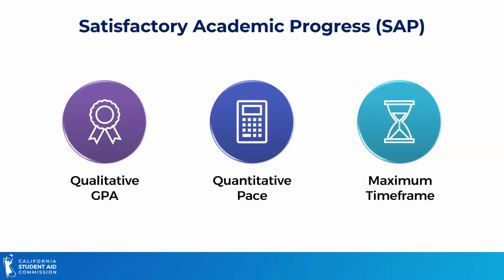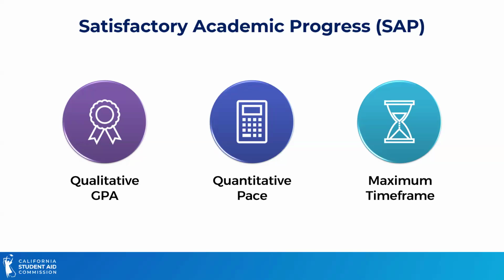There are three components to SAP, first being the qualitative component, which is GPA, the second being the quantitative component, or pace of progression. That is the number of units the student has attempted and the number of units that they have completed or passed. So that percentage of how many units they earned.